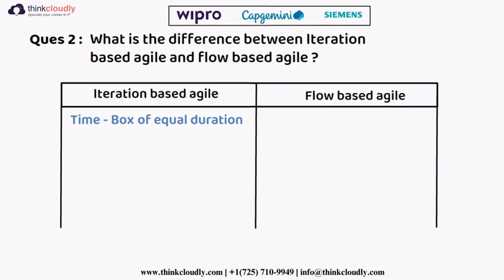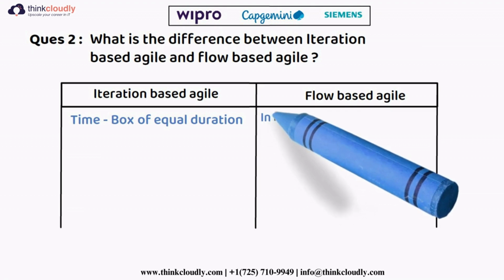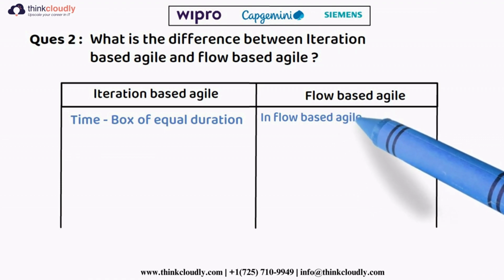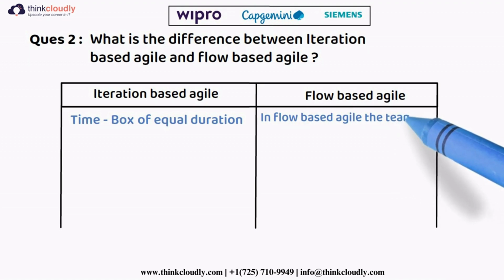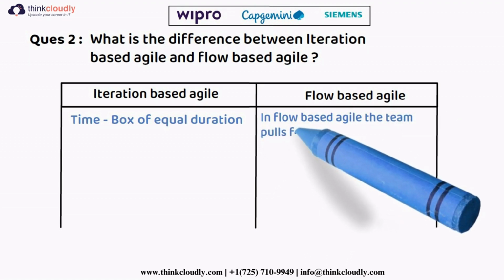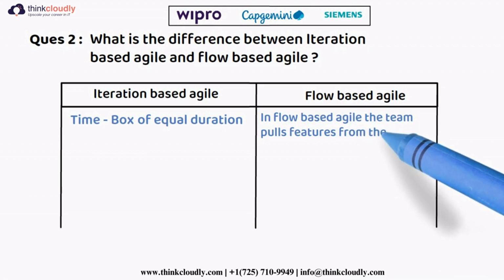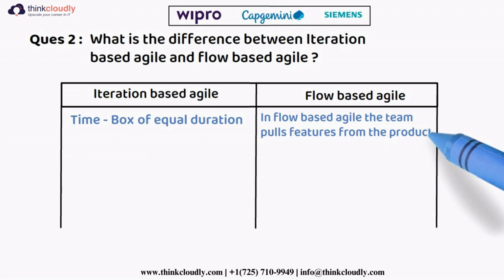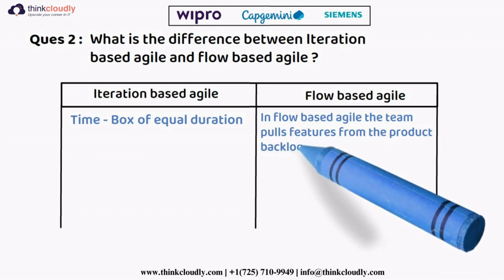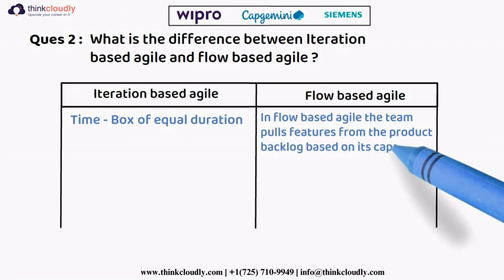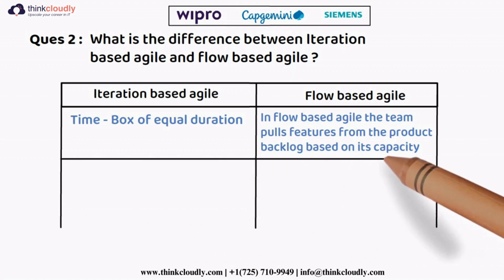In flow based agile, the team pulls features from the product backlog based on its capacity. So this is the first difference.